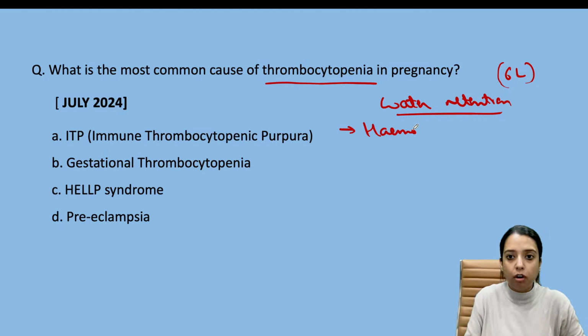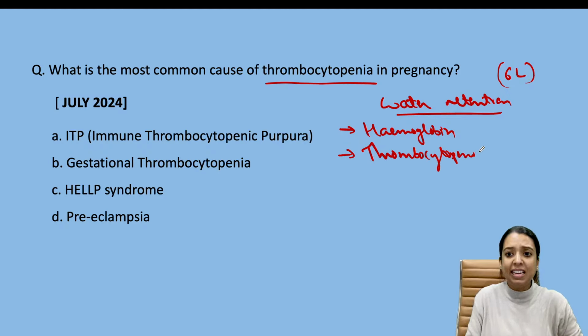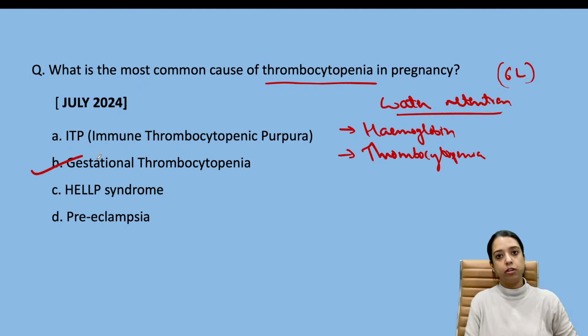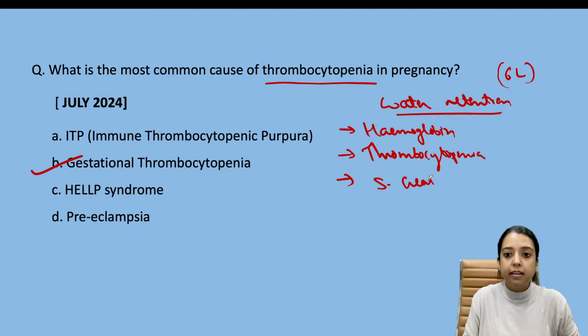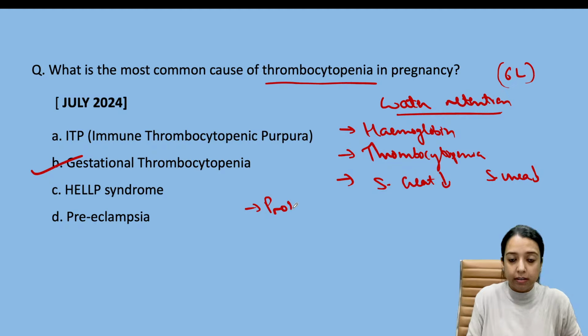The hemoglobin falls, which is what we call dilutional anemia. Similarly, the platelet levels fall. The reason for the fall in the platelet levels is gestational thrombocytopenia. It is physiological. There is no pathology. It is because of dilution. Similarly, serum creatinine falls, serum urea falls, and the concentration of protein falls.